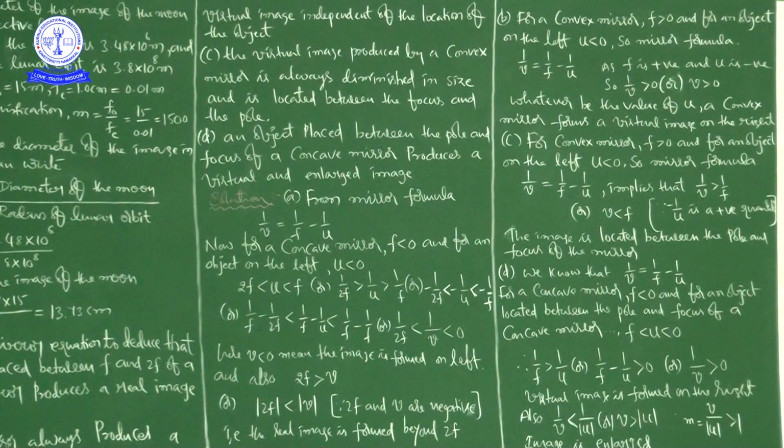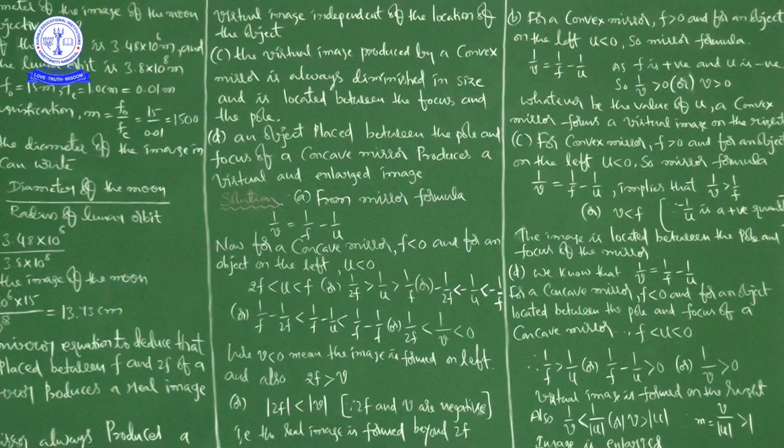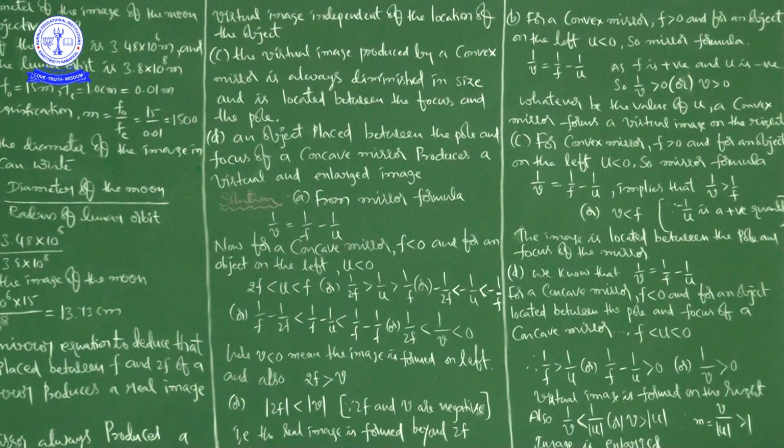Next, B: a convex mirror always produces a virtual image independent of the location of the object. That is the second thing. And the third one: the virtual image produced by a convex mirror is always diminished in size and is located between the focus and the pole.